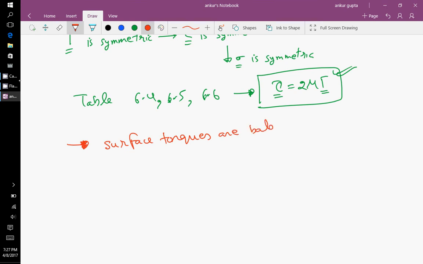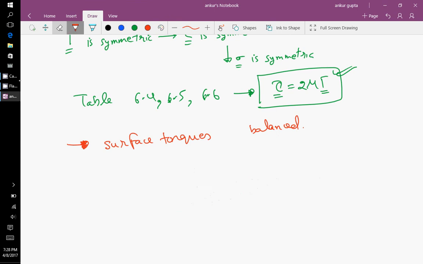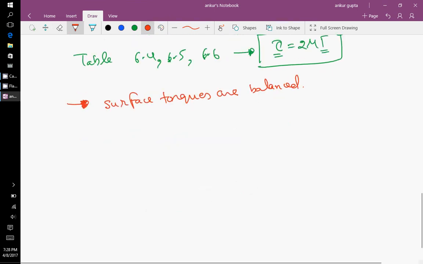In other words, if we have an element of a fluid, this time we'll take a cubical element rather than a cuboidal to make our life a little bit easy. So let's call this L, this is L, and this is L, and this direction is X, this is Y, and this is Z. I'm saying that surface torques are balanced.